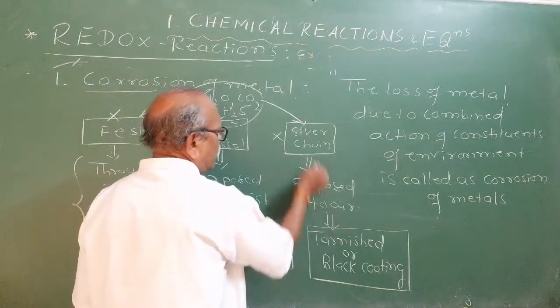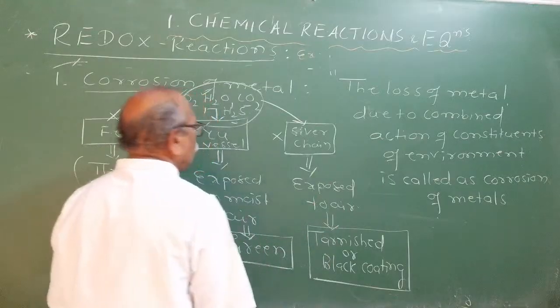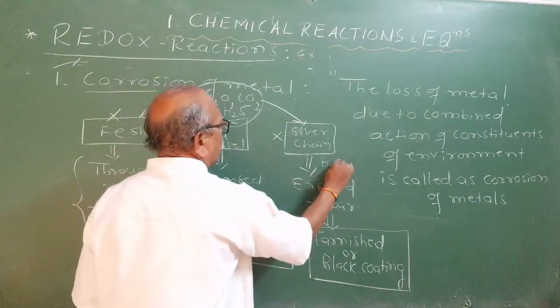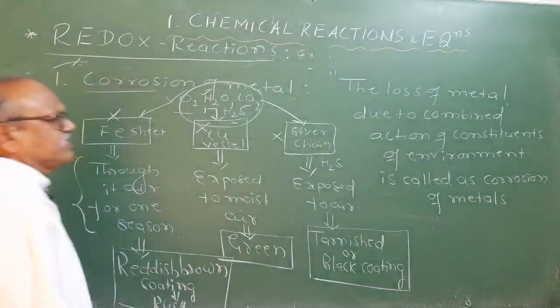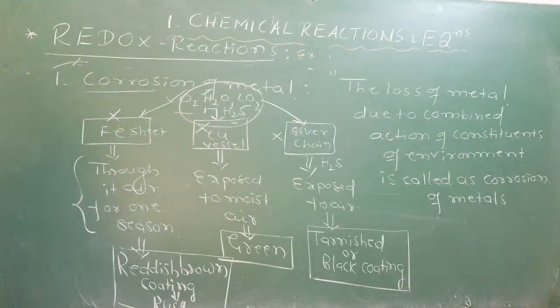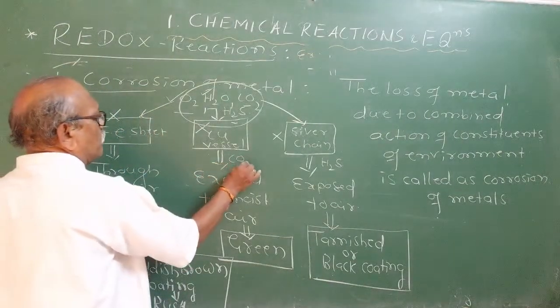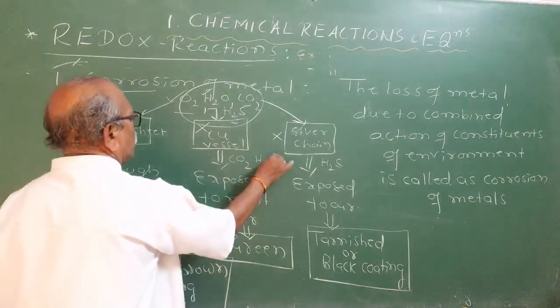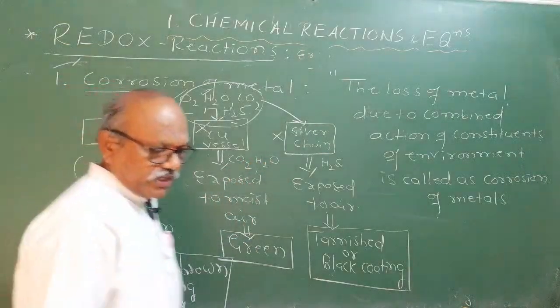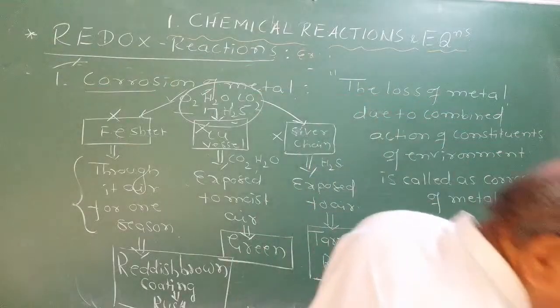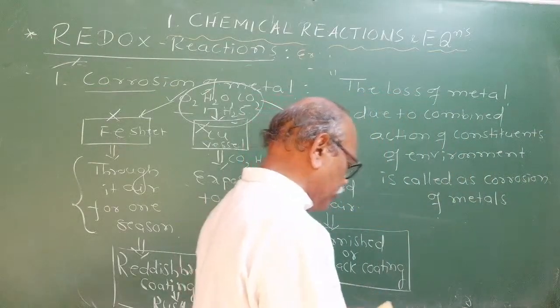Silver, when exposed to air, will combine with the hydrogen sulfide of the air and form silver sulfide. And this copper will react with carbon dioxide and water present in the air and is converted to copper carbonate, green colored copper carbonate.